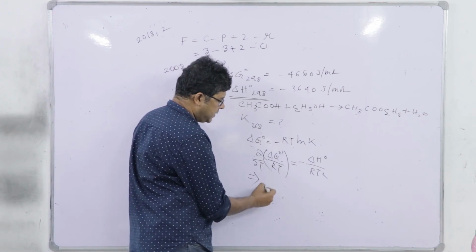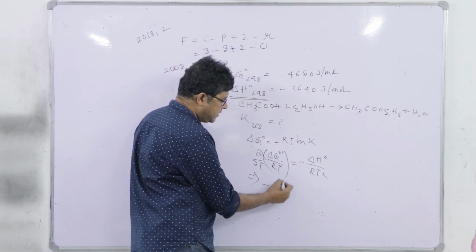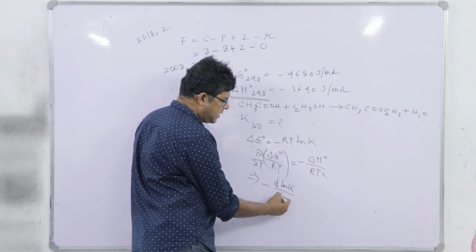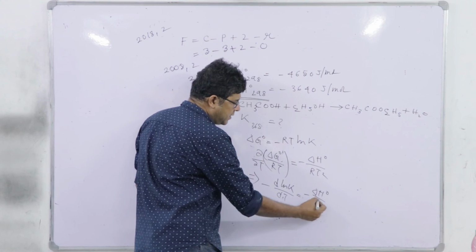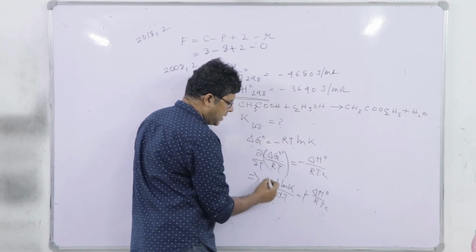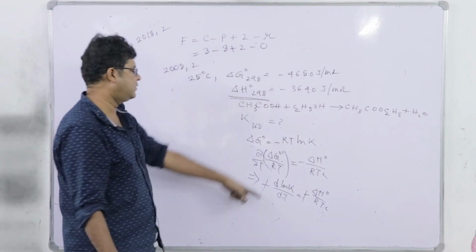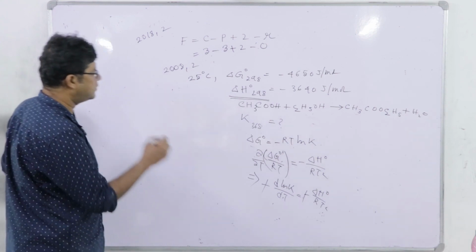So this is minus d ln K by dT equals minus delta H naught by RT square, so minus minus cancels out. So these two are the equations we have to use.